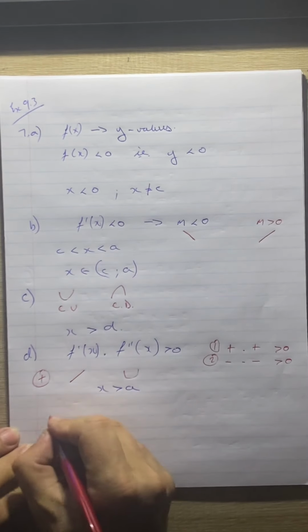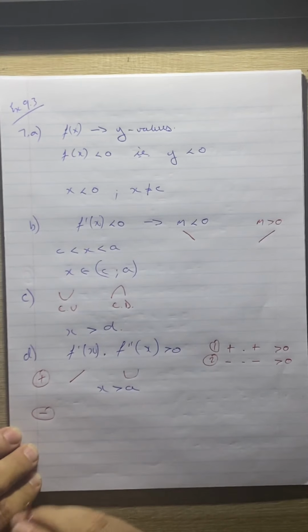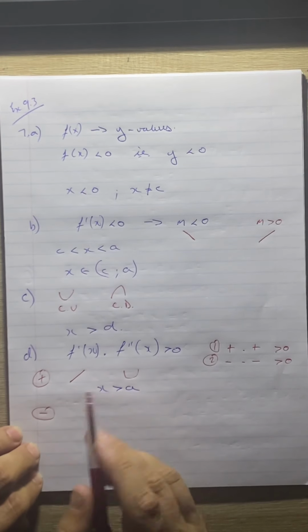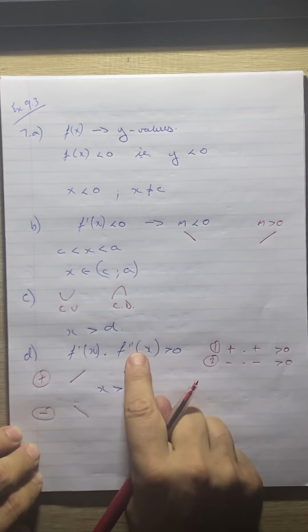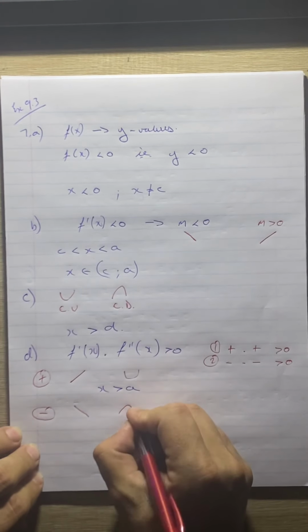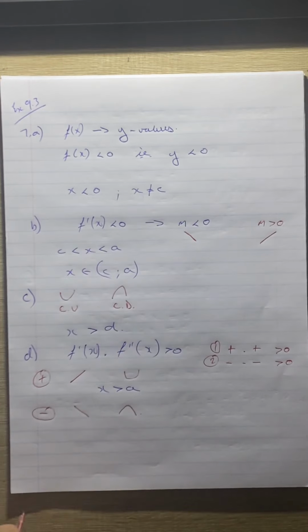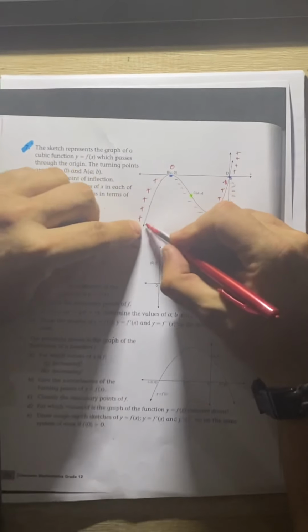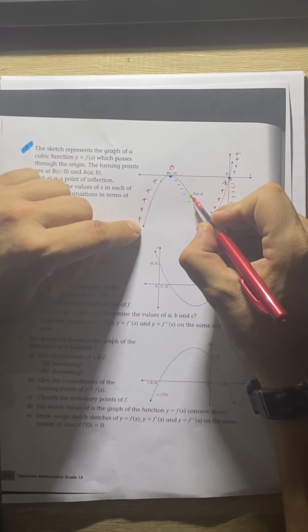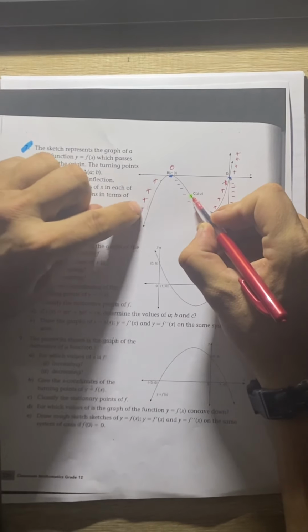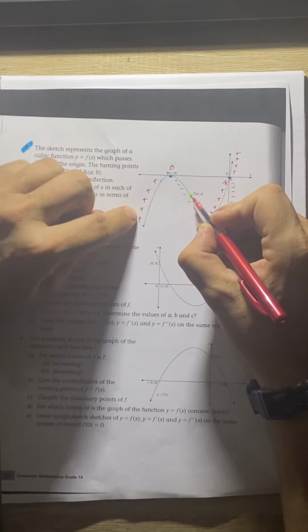Now I'm going to look at where they're both negative. For the gradient to be negative, our graph needs to be going in that direction. And for our second derivative to be negative, we're looking at where it's concave down. So for concave down, it's over here, up to our point of inflection. But we are not interested in this bit here because this is where our gradient is positive.